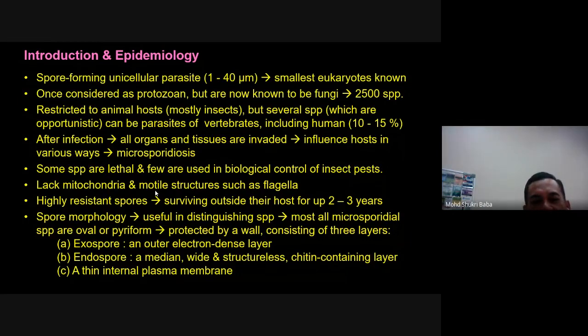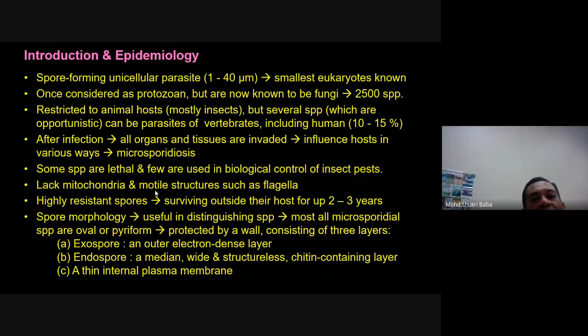One thing about the endospore adalah dia mempunyai chitin. Saya harap awak tahu apa maksud chitin dekat sini. Okay, chitin containing layer and a thin intestinal plasma membrane. Plasma membrane tu adalah layer yang paling di dalam.